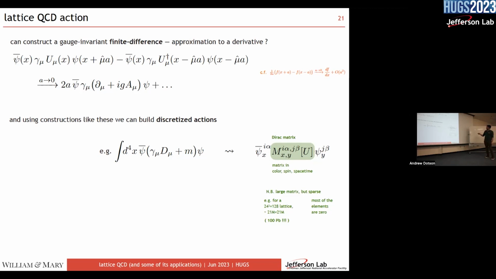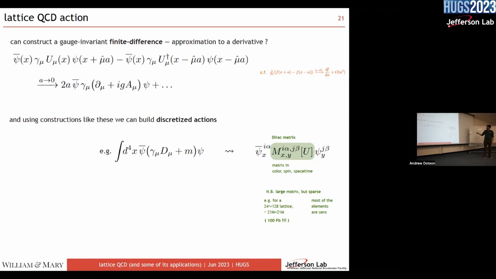Here is the quark field at every possible space-time point, every possible color, and every possible spin. Here is the conjugate field at every possible point, every possible color, and every possible spin. And in between them is a matrix connecting the two, which is a function of the gauge fields, the links everywhere on the lattice. This clearly is the most general way to write a bilinear form like this.